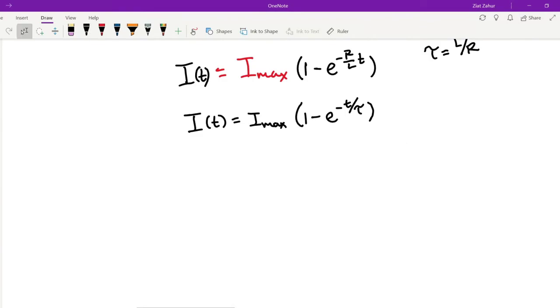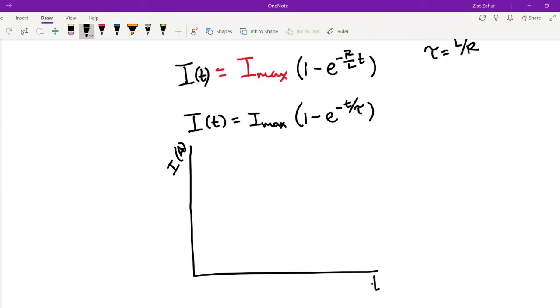It goes from 0 to I max. So let's go and do it. Of course, the y-axis is our current in amps, and of course t in seconds.